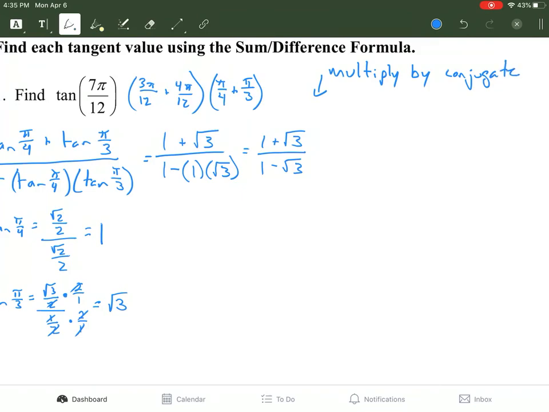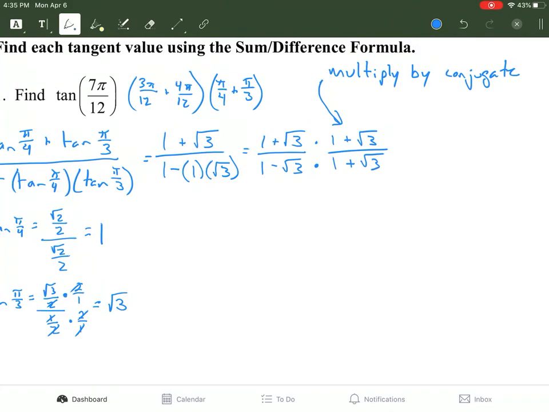The conjugate is the denominator with a different sign in between the numbers. You're going to multiply that on the bottom and the top. The numerator is what it is; it is the fact that the denominator is 1 minus root 3, so we're going to multiply by 1 plus root 3. What this conjugate is designed to do is get rid of square roots on the bottom of your fractions.